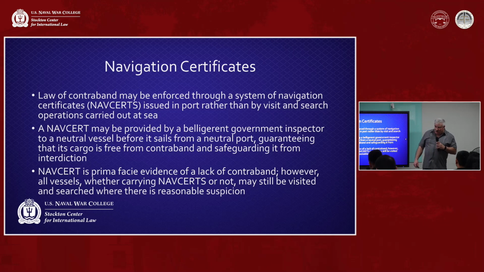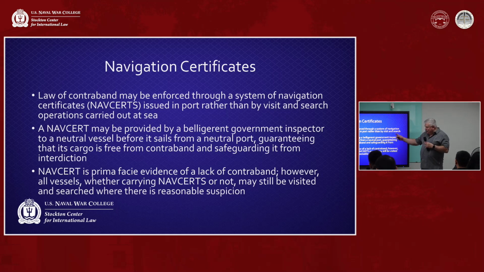One way, again, to facilitate determining whether a ship is carrying contraband or not is to issue navigation certificates. What these are: a belligerent will have an official in neutral ports that will give a merchant vessel a navigation certificate that indicates that the vessel is not carrying contraband.